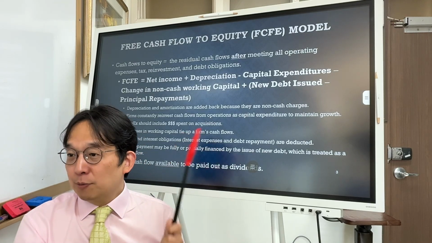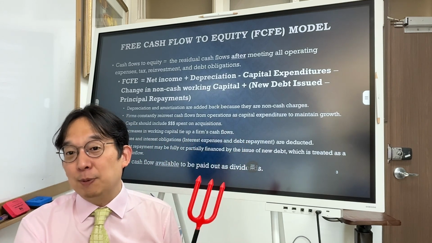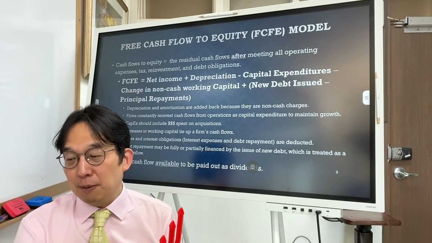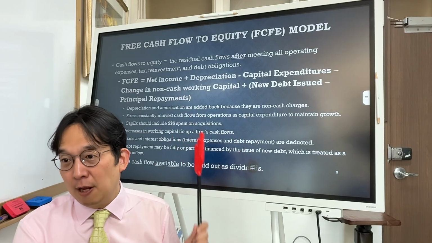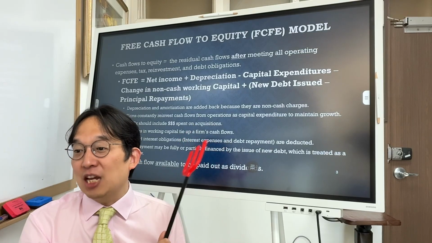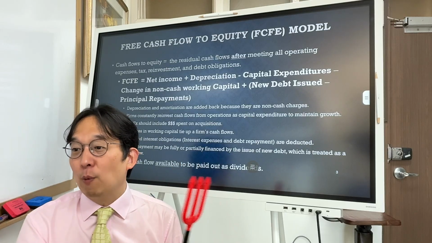Now, subtract the capital expenditures because you did not subtract them right away. You only recognized it in your cash flow statement. Bring it here. And then subtract the change in non-cash working capital. We're going to talk about it a slide later. Wait for that.